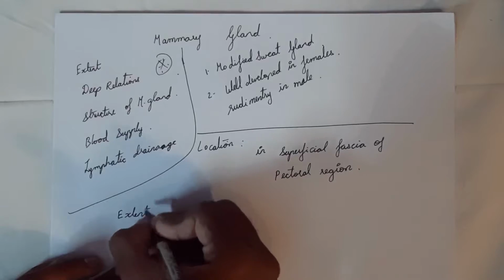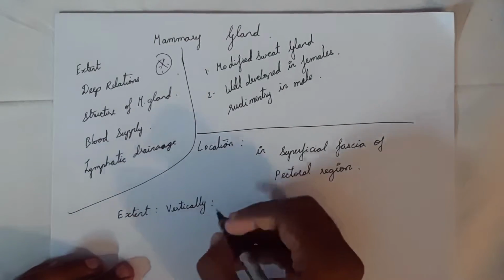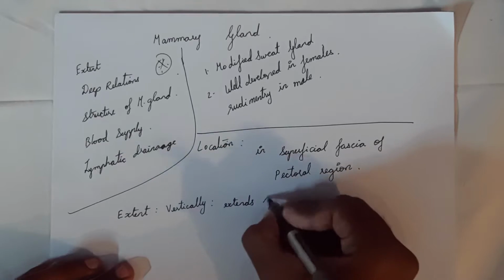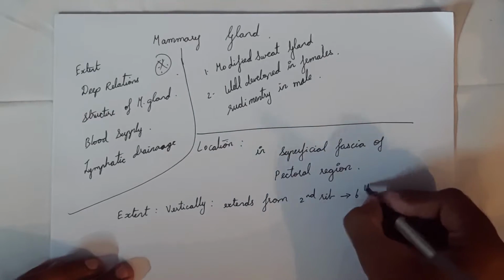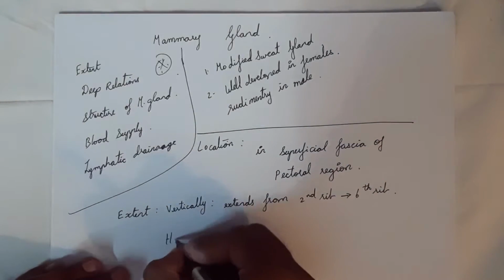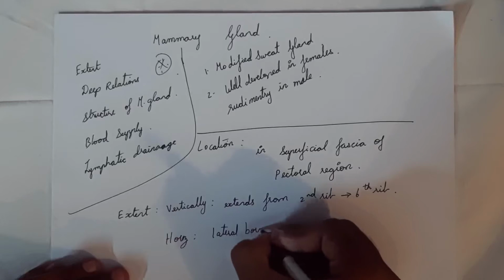And extent: it extends from the second to the sixth rib, and horizontally from the lateral border of the sternum to the mid-axillary line.